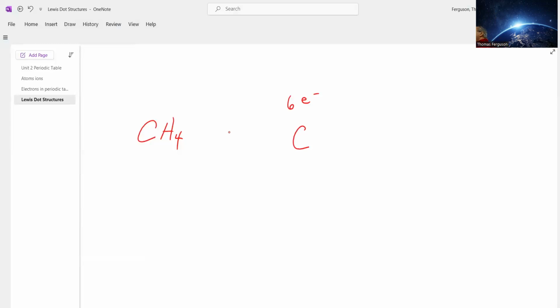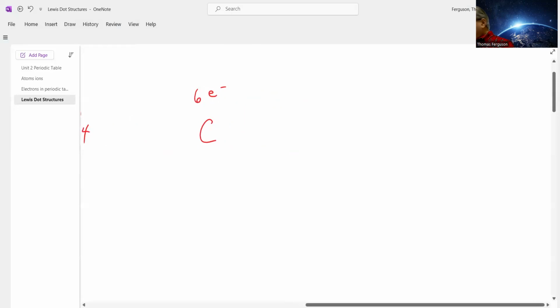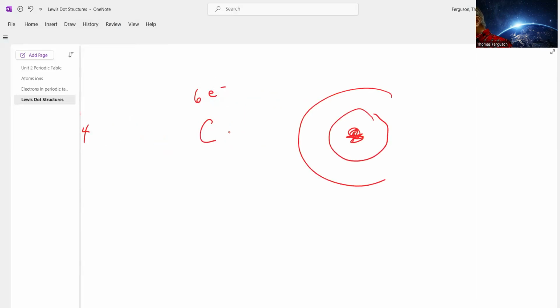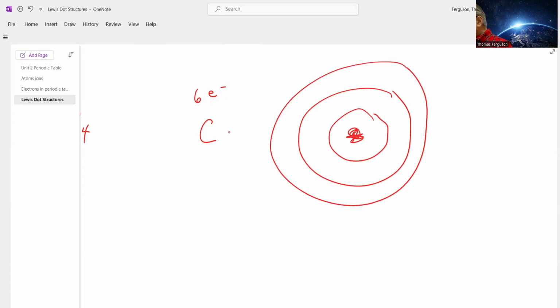Those 6 electrons, now remember the Bohr's model. Bohr said, remember you have planetary ideas of where the electrons are located? This is the nucleus here. On the innermost orbital, there are 2 electrons.